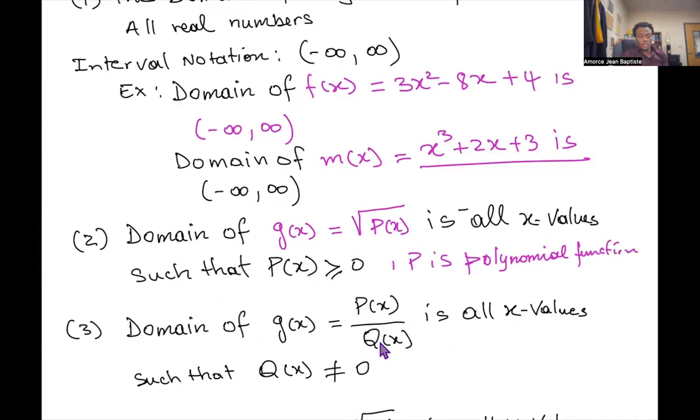Well, in this case, you need to set the condition that the expression inside of the radical must be greater or equal to 0. Otherwise, you won't be able to calculate the square root. So that's a condition.